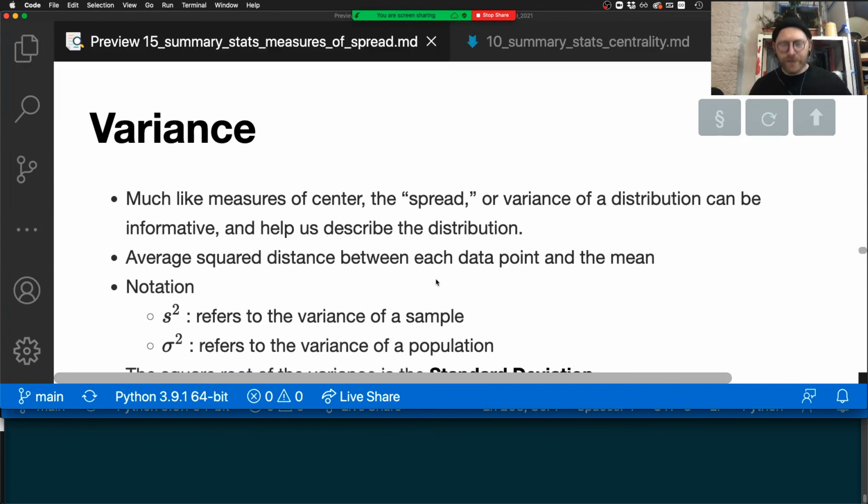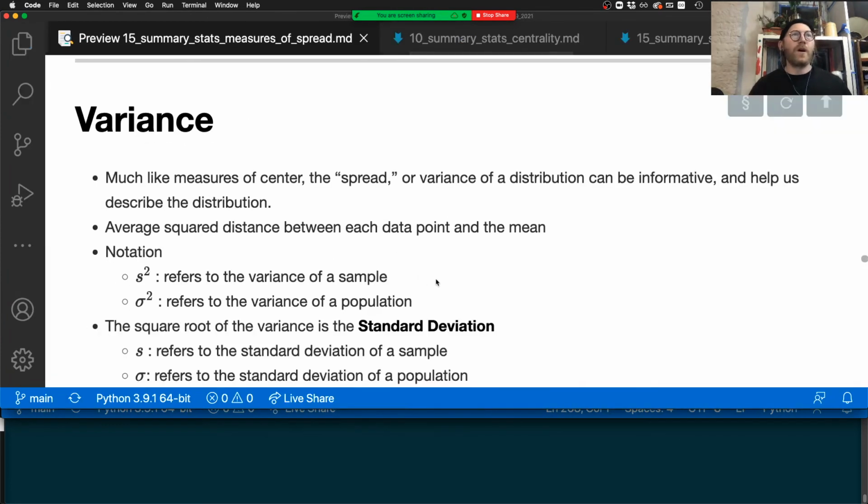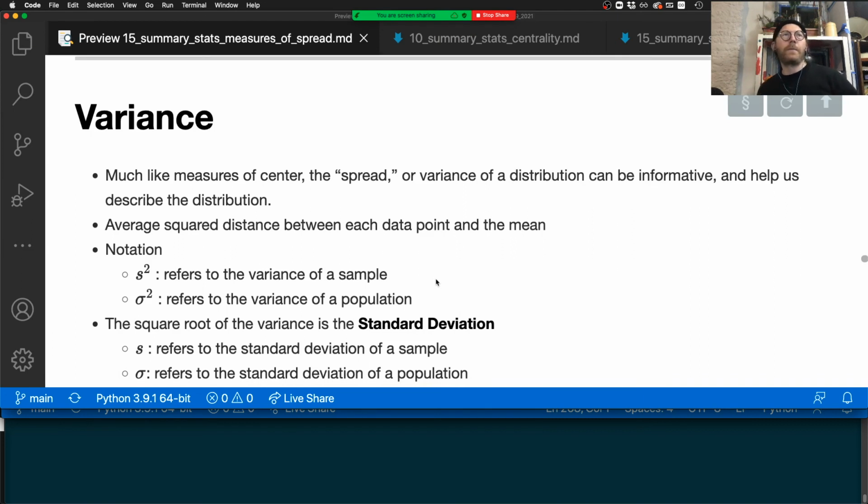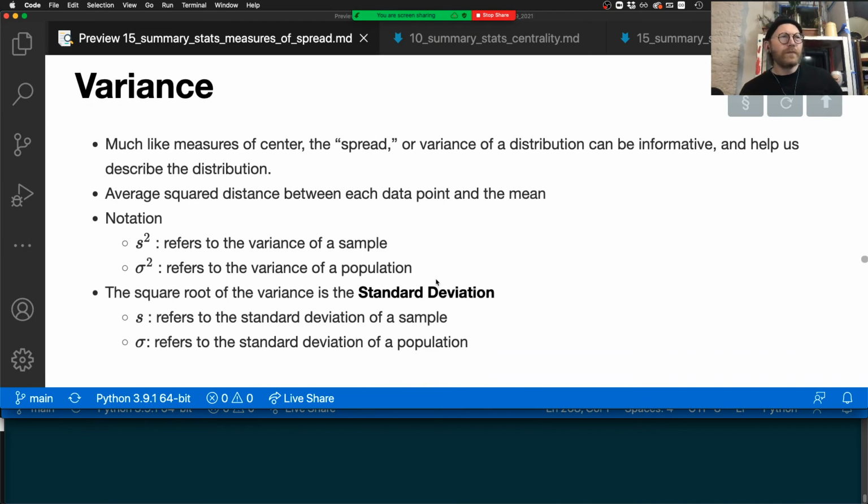And those fall into the camp of, well, we're going to think about them as variance and standard deviation. Okay. So variance gives you a sense of the average distance between each data point and the mean, which, if you think about it, is fundamentally a little bit different than what we get from the 5-number summary.